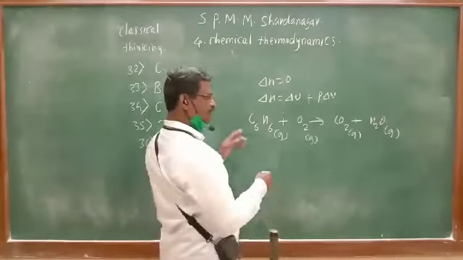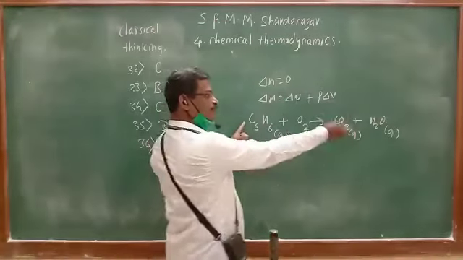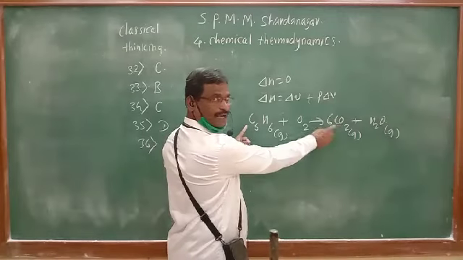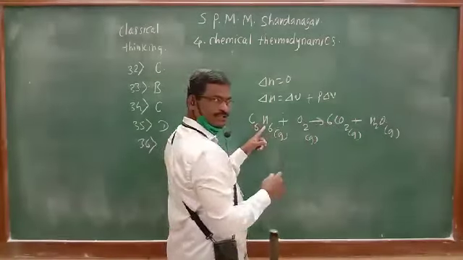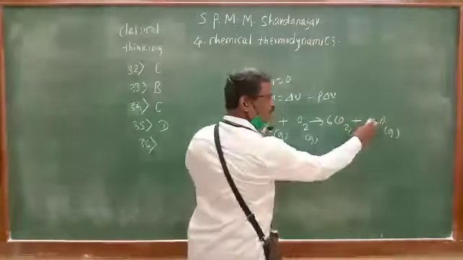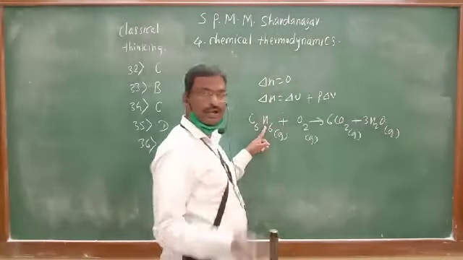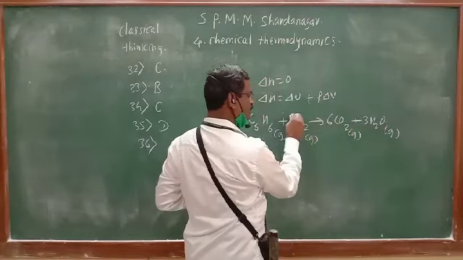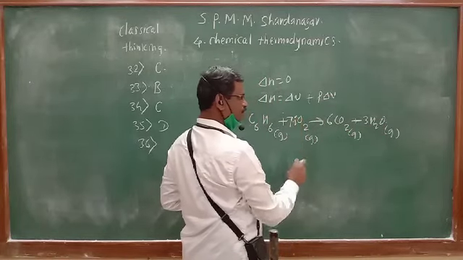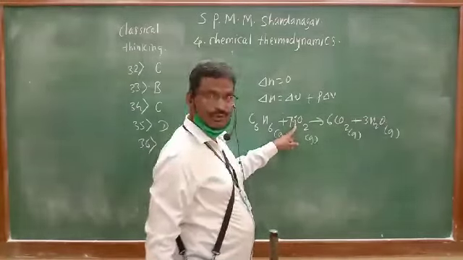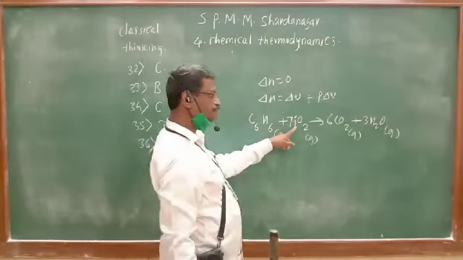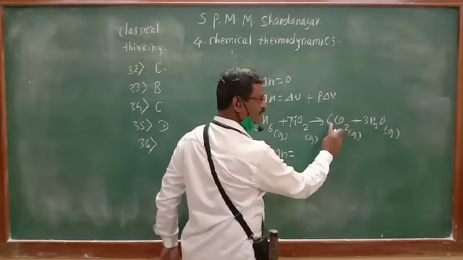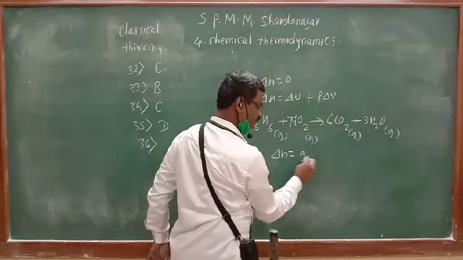Balance the reaction. First of all carbon, from left to right, this is multiplied by 6 because 6 here, 1 multiplied by 6. Then hydrogen 6, this is 2, so multiplied by 3. Now oxygen from right to left, 12 plus 3, 15, so 7.5, 15 by 2 or 7.5. Now calculate delta N. This 3 plus 6, 9.